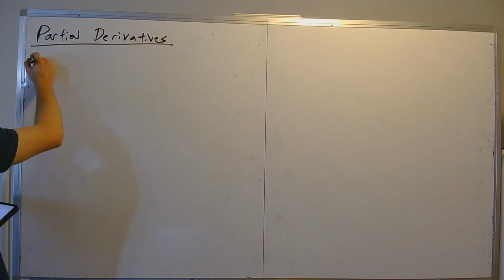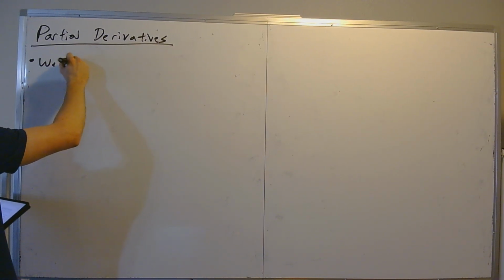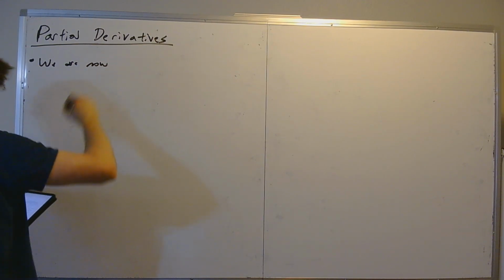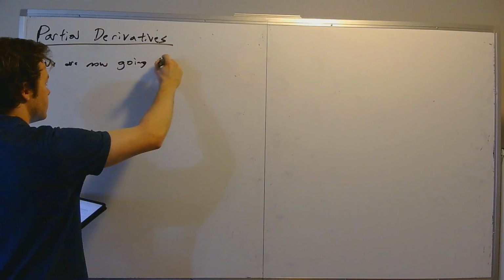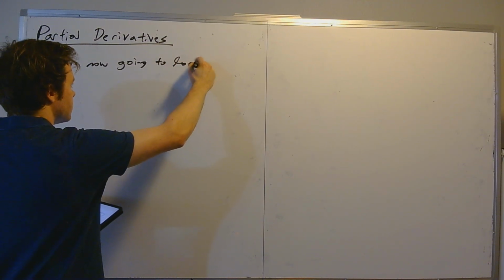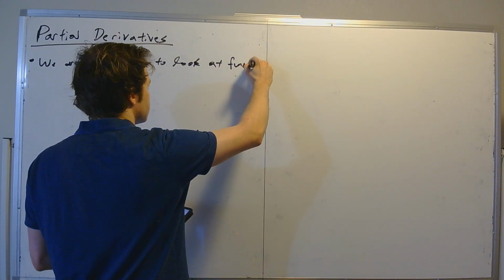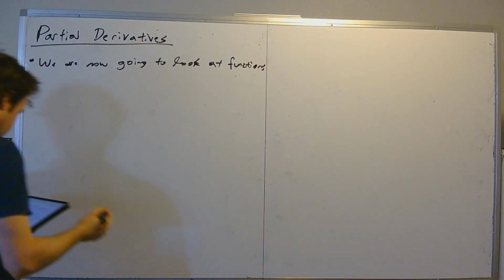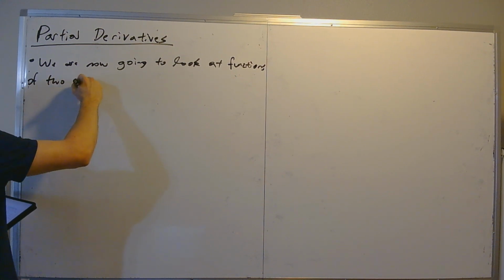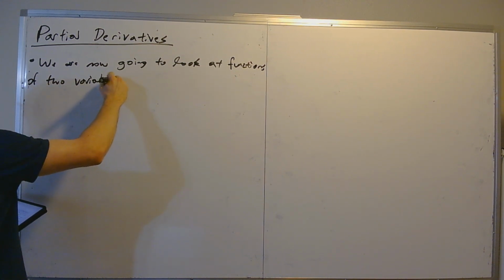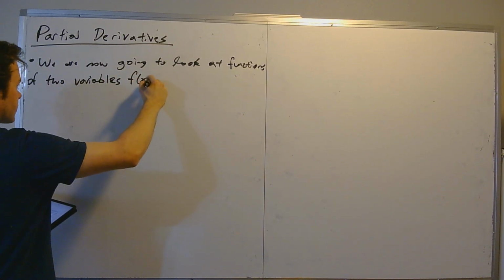So today we're talking about partial derivatives. We are now going to look at functions of two variables, so f of x comma y.